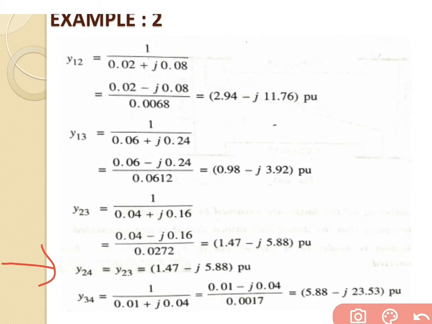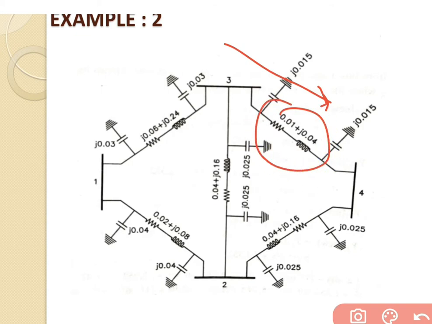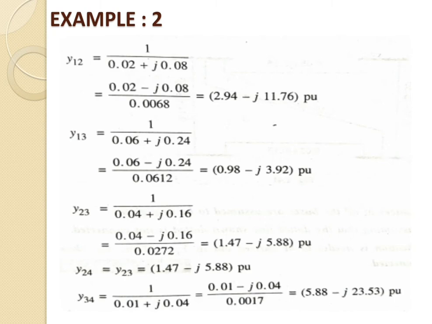Then after we will go for the next one, that is y34. So y34 is connected over here, and that part is considered as y34, having an impedance given as 0.01 plus j0.04. So y34 is equal to 1 upon z34, where z34 is the impedance, converted in terms of resistance and reactance.